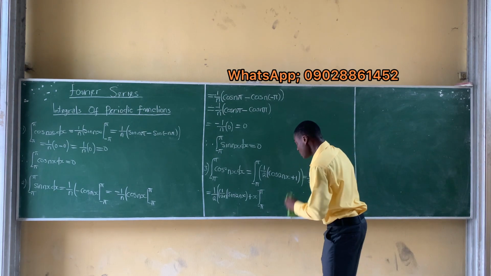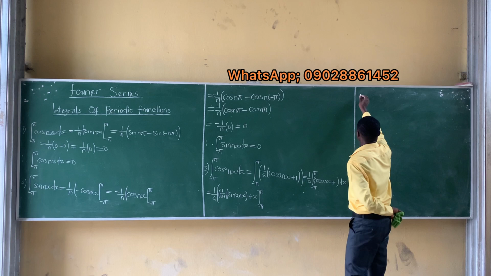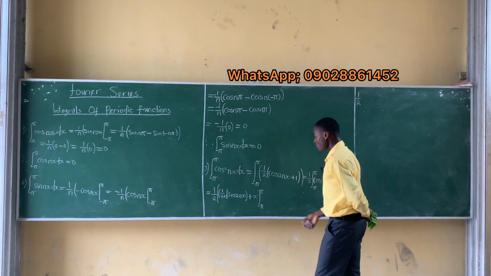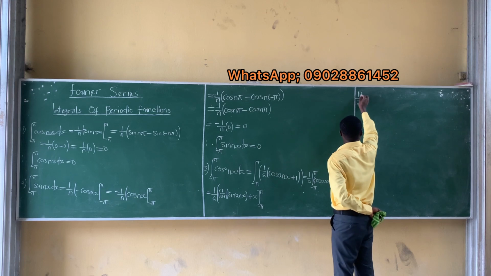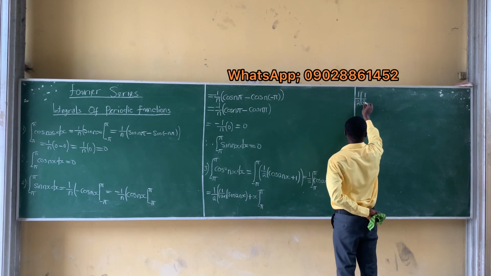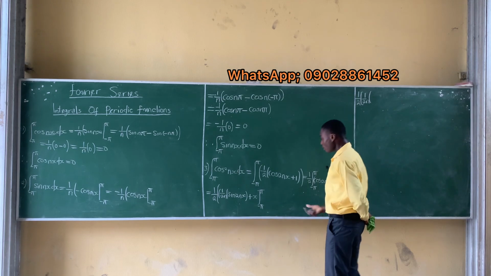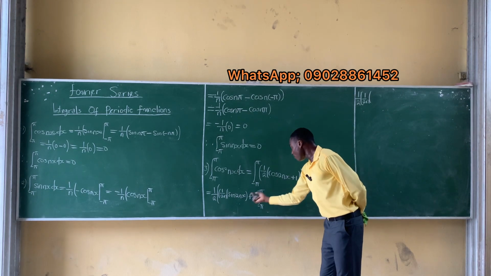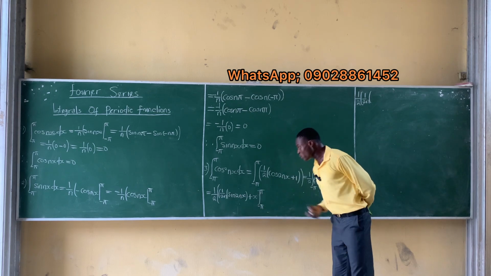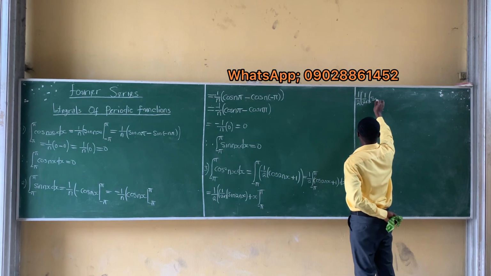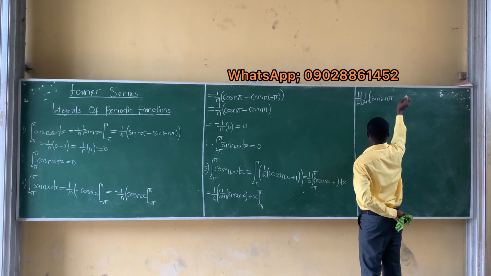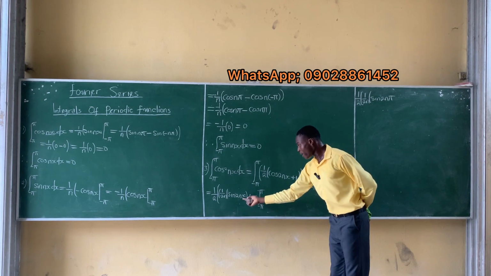All right, so here we have 1 over 2 into 1 over 2n into, if you take your limit from minus pi to pi of sine 2nx, you have sine 2n pi, because you are substituting pi for x.